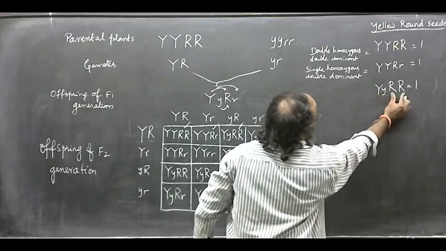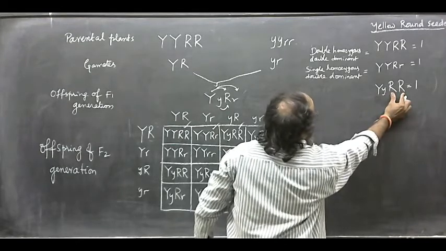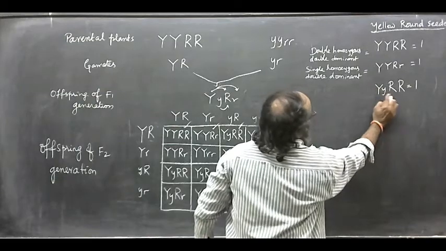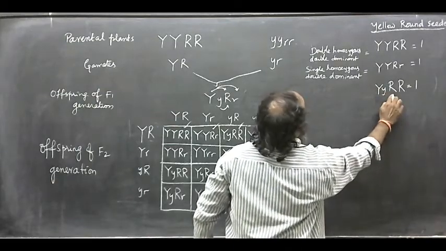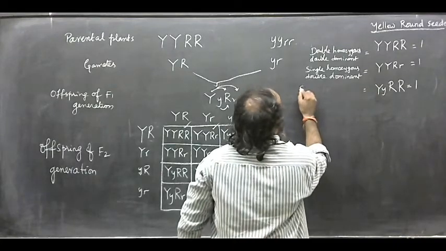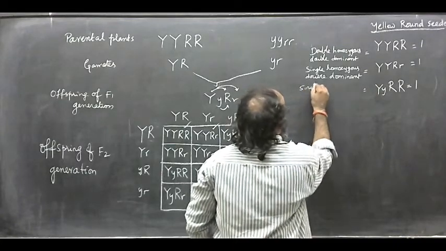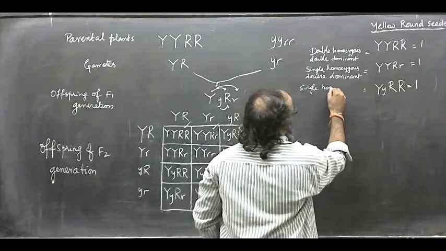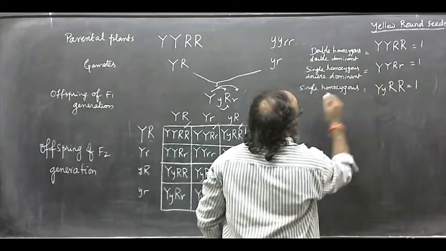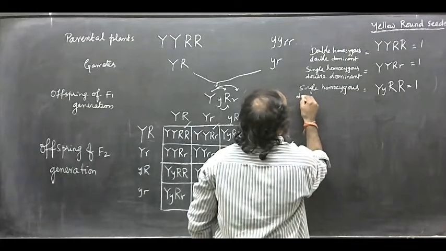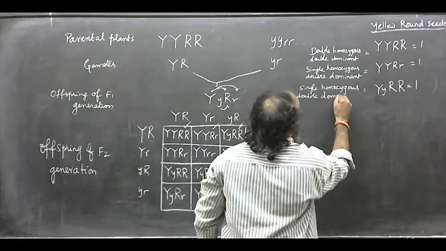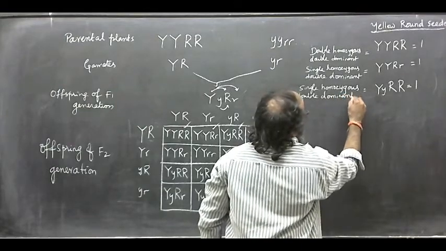Yellow is dominant, round is also dominant. It is also single homozygous. This is the only homozygous one. Therefore, this case is also single homozygous, double dominant.